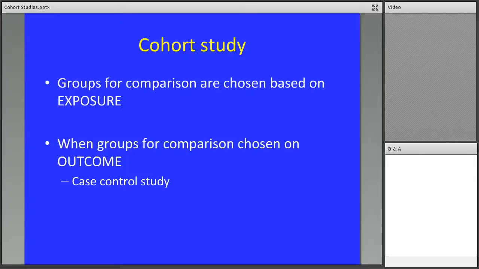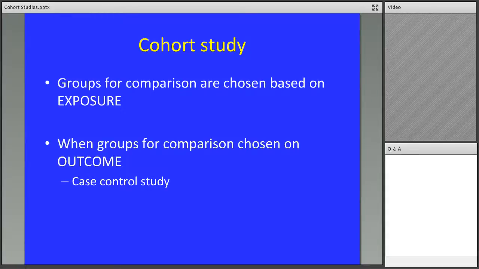If you choose to do a study that's based on the outcome, did somebody have a C-section? Well, C-section is a bad example because C-sections get complicated. Let's pick another one. Does somebody have one kidney or two kidneys? That's an outcome, potentially, if you're looking at exposures in early pregnancy. Then that's a case control study.